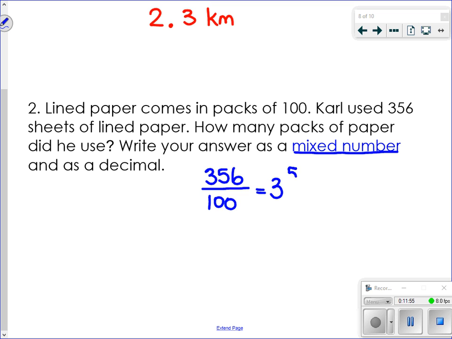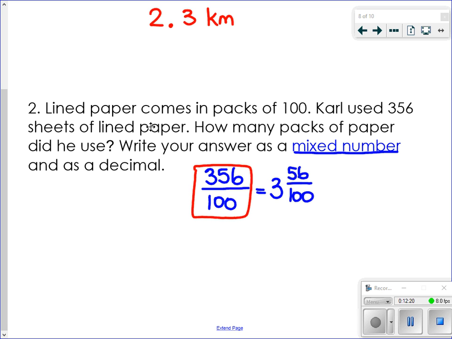The 56 out of 100 sheets that he had. Remember, once I've converted it, I can do a really quick check in my head to make sure that I've converted it properly by multiplying 100 times 3, 300, and adding on the 56, 356, and it should get me back to this number, right? Then I'll know that I've converted it correctly.